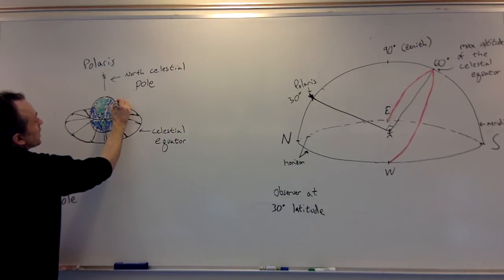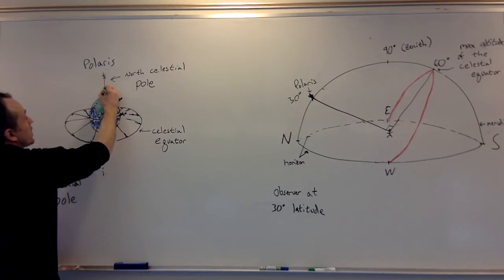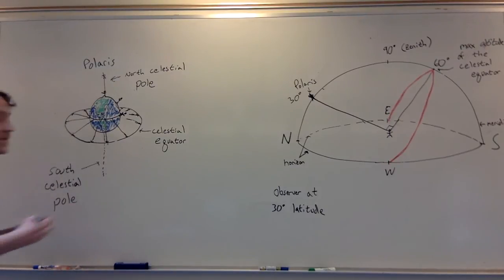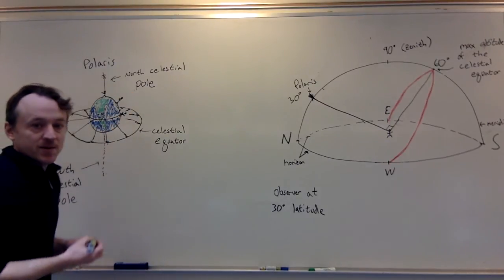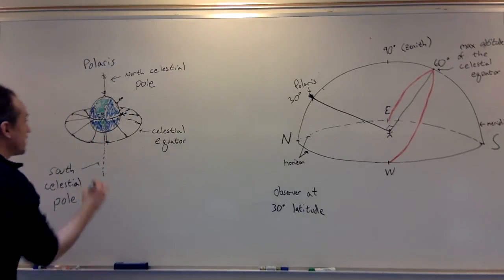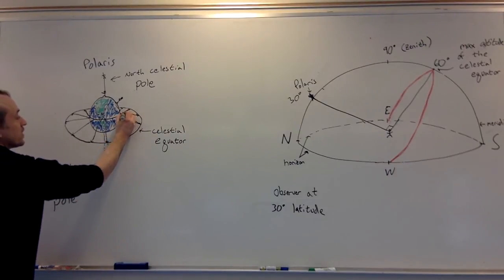We have another person standing in between the equator and the North Pole, and another person standing at the North Pole. So let's consider these three situations. They look a little small, so let me make this one a bit bigger.